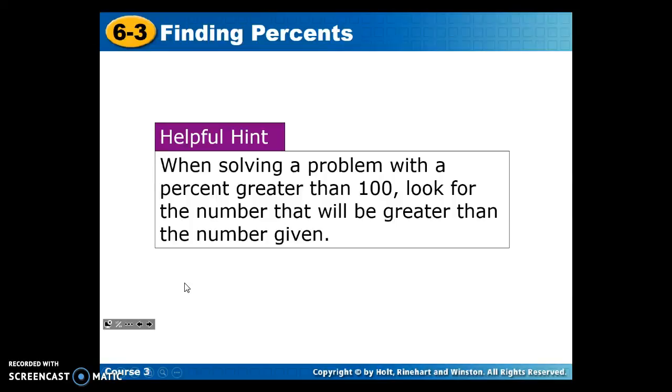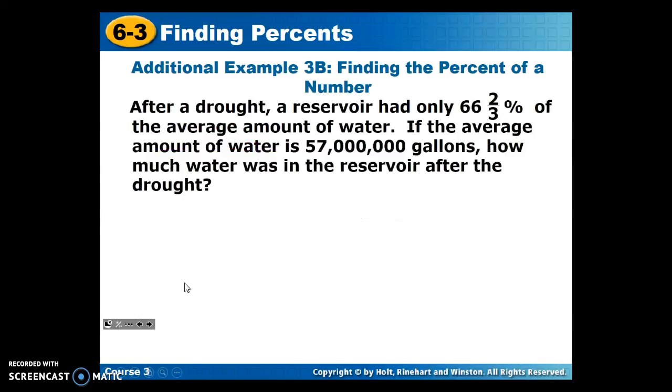Now keep in mind, if you have a percent over 100, the part is actually going to be greater than the whole. So after a drought, a reservoir had only 66 2/3% of the average amount of water. If the average amount of water is 57 million gallons, how much water was in the reservoir after the drought?